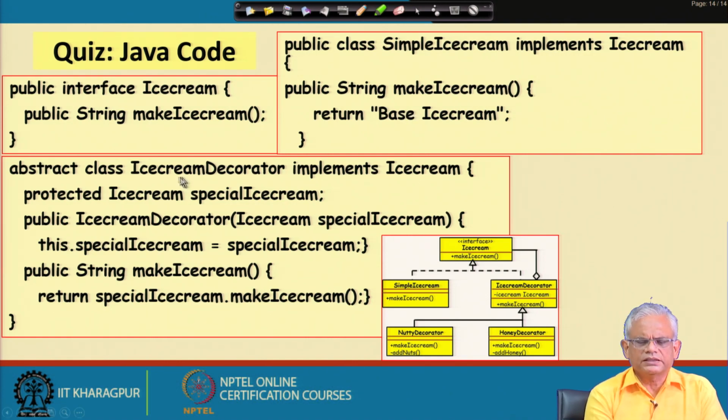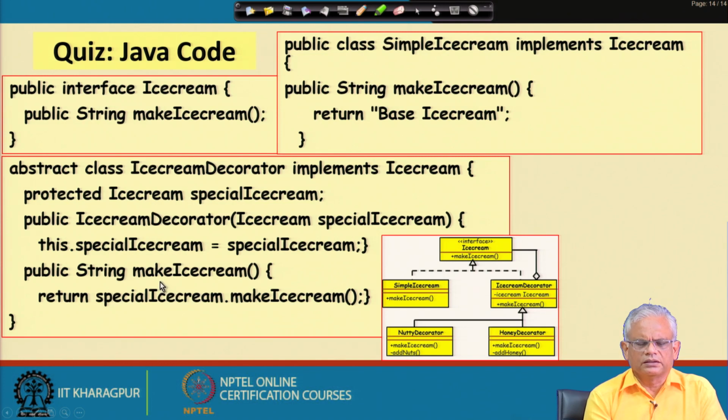And then the ice cream decorator implements the ice cream interface, and it has a reference to the special ice cream. It takes the special ice cream as the argument and stores the reference to that, because it will pass on the calls to that.